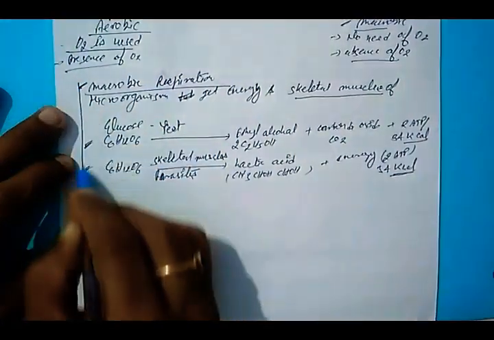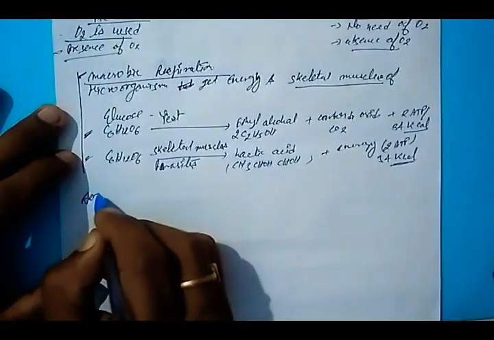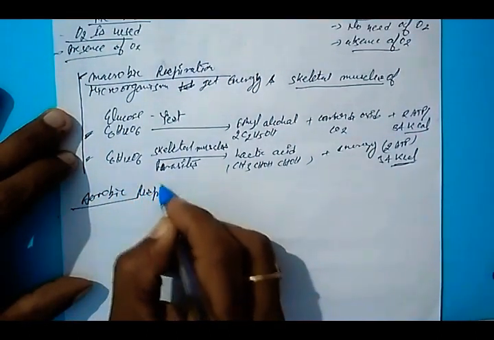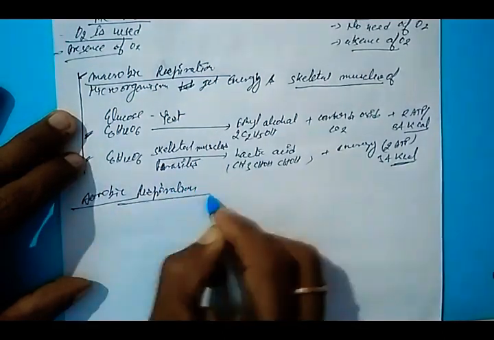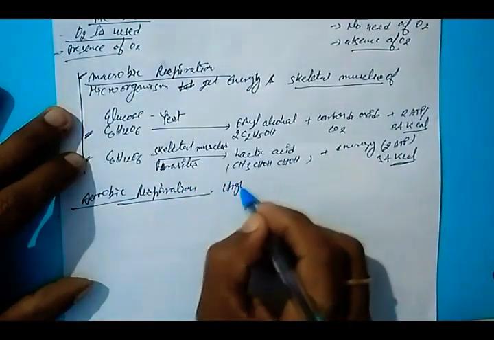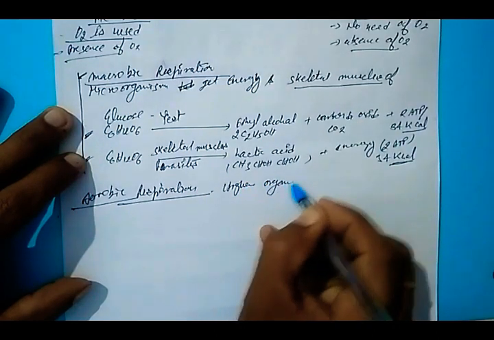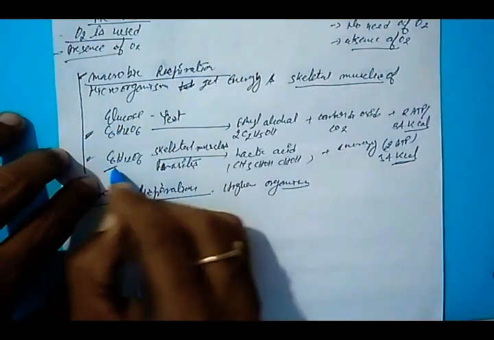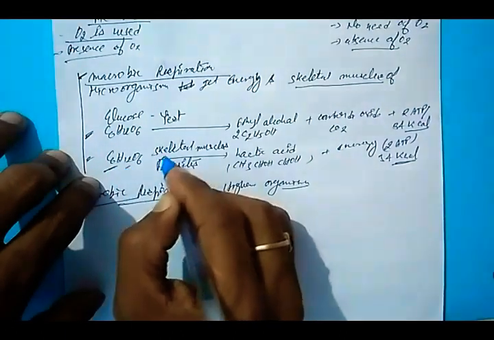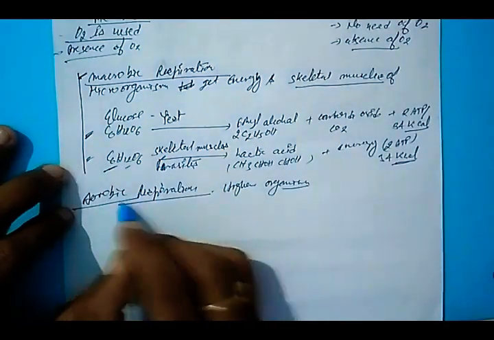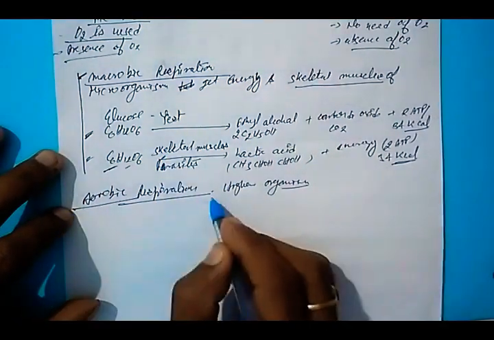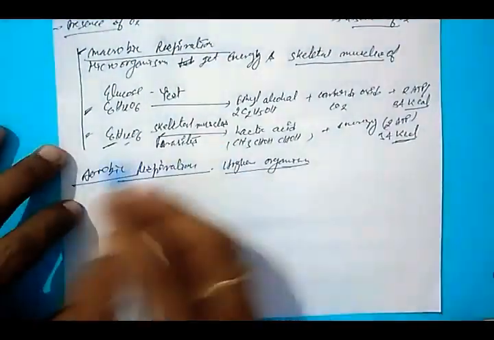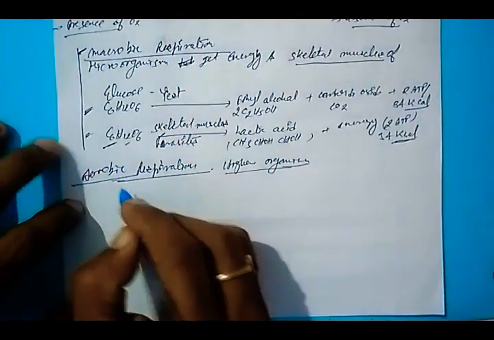Now we study aerobic respiration. That takes place in higher organisms. In higher organisms, anaerobic respiration takes place only in emergency condition in skeletal muscles. Aerobic respiration takes place in higher organisms. What is the process of aerobic respiration?